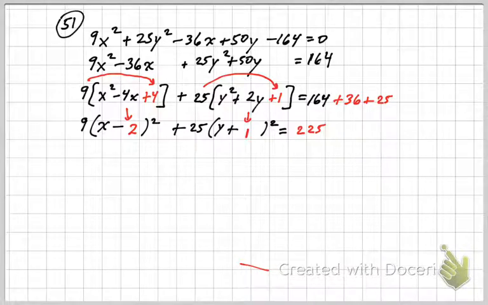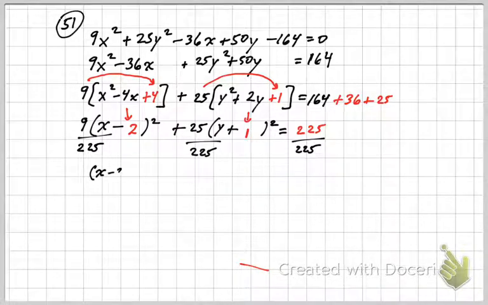How do I make 225 equal 1? Divide by 225, divide by 225, divide by 225. That makes x minus 2 quantity squared over, I believe, 25. Where did you get the plus 4 plus 1? Half of 4 is 2, and 2 squared is 4. Oh, you're just completing the square.